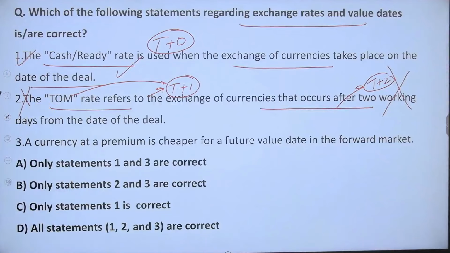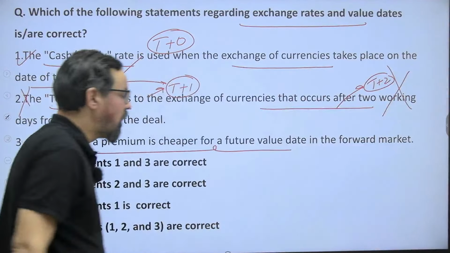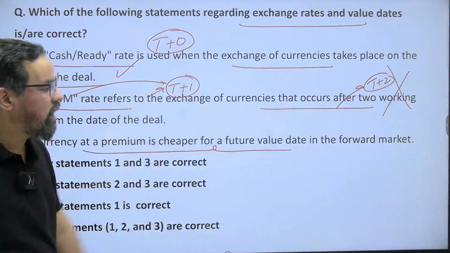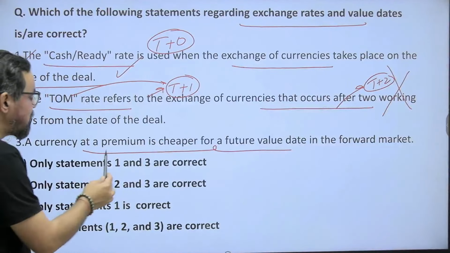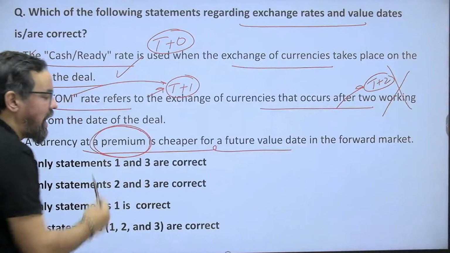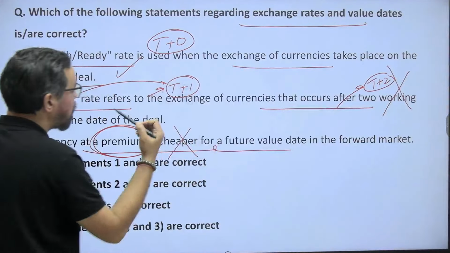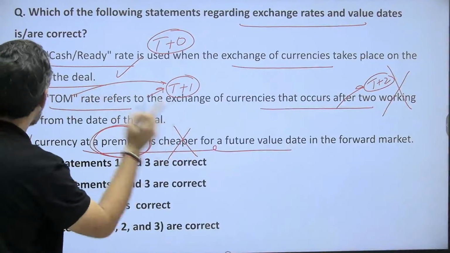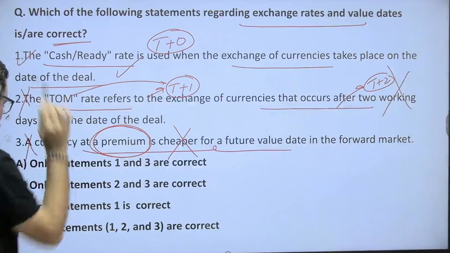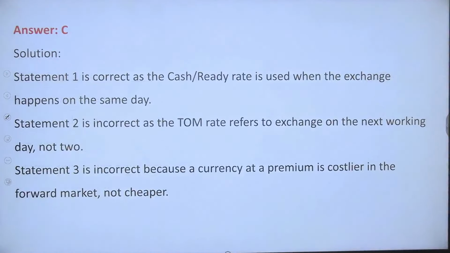Statement 2. A currency at premium is cheaper for a future date in a forward market. So it is mentioned a currency which is at premium is cheaper. No, it is costlier. So this is also wrong. We have to find out the correct statement, only one. Only one means option C should be the right answer for this particular one, right?